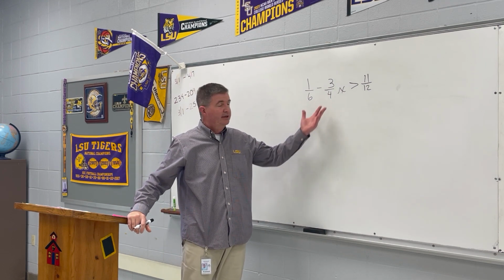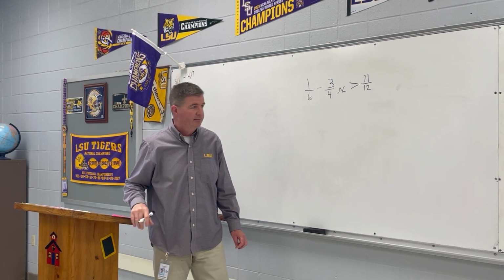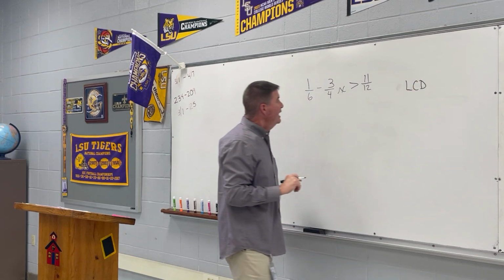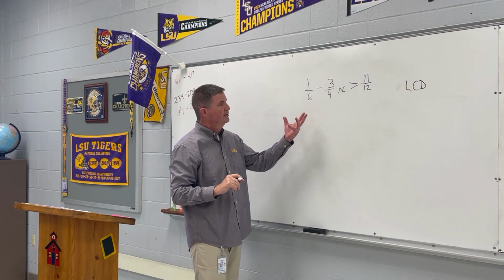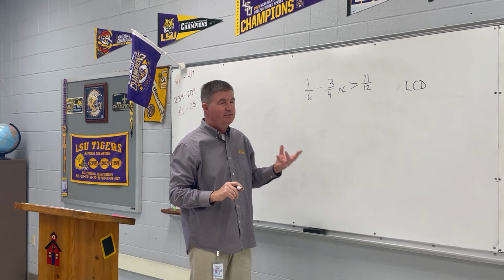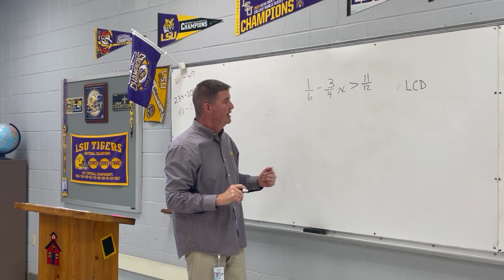Well, we're not going to change. We are going to get rid of the fractions if possible. So we want to find our least common denominator. I know y'all see me put down least common denominator, you put in the numbers and I just tell you what it is. That's because we kind of should know how to find a least common denominator.